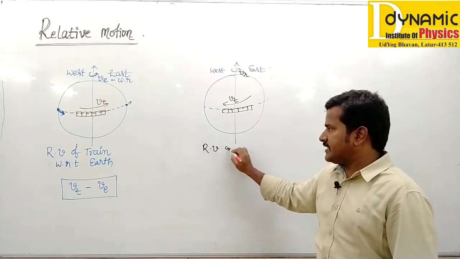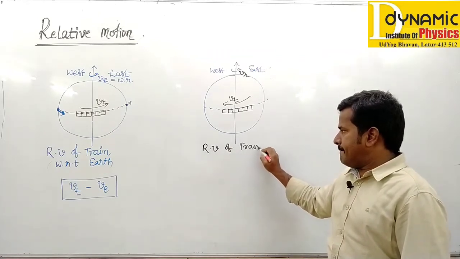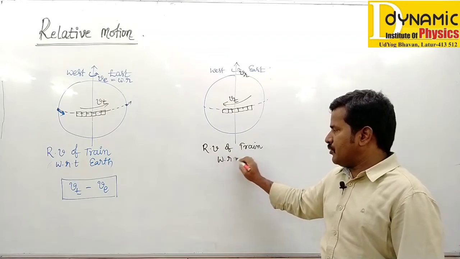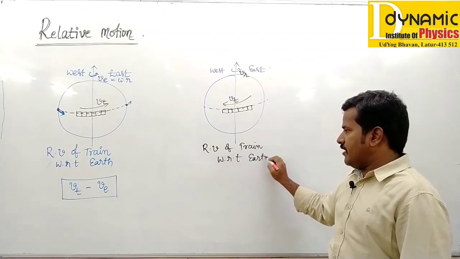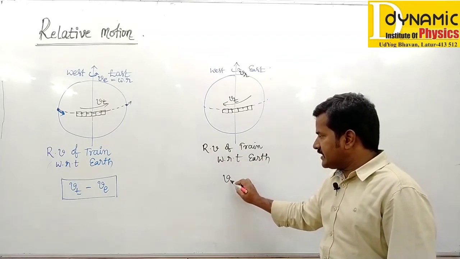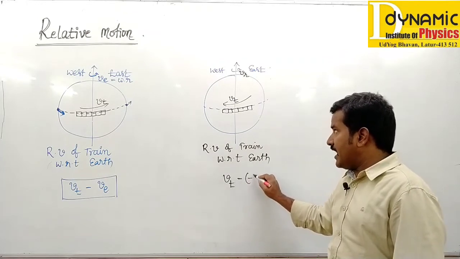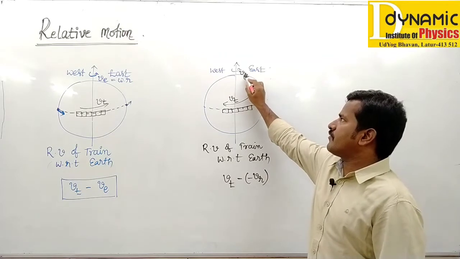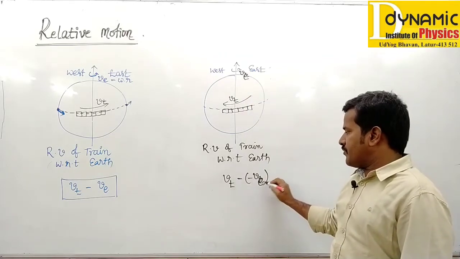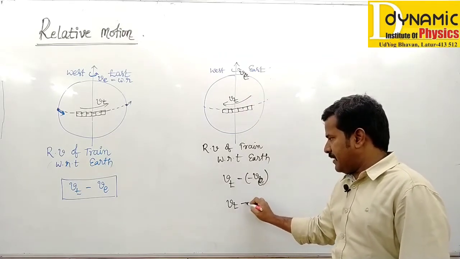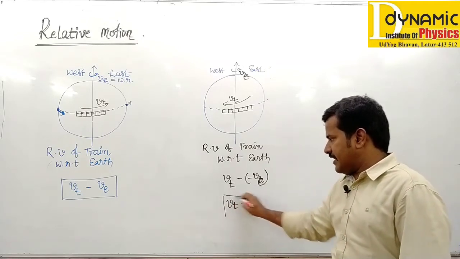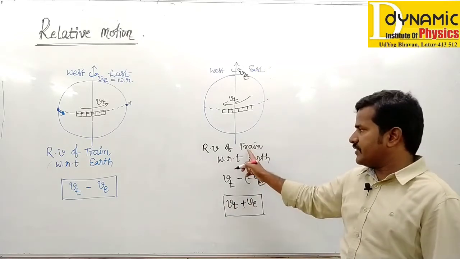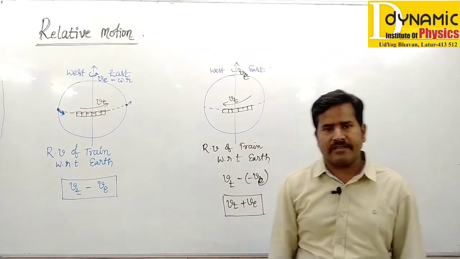Then the relative velocity of the train with respect to Earth becomes Vt minus of minus Ve, so its value becomes Vt plus Ve. This is the relative velocity of the train with respect to Earth.